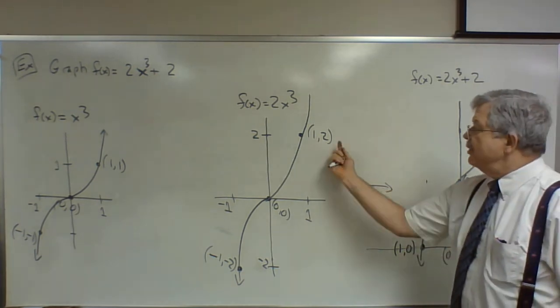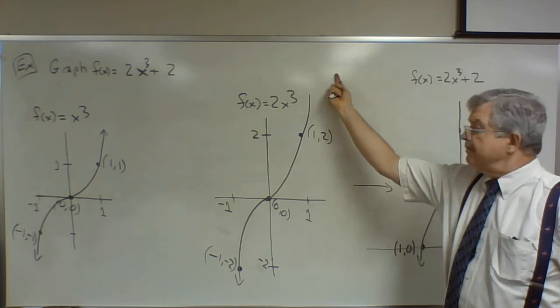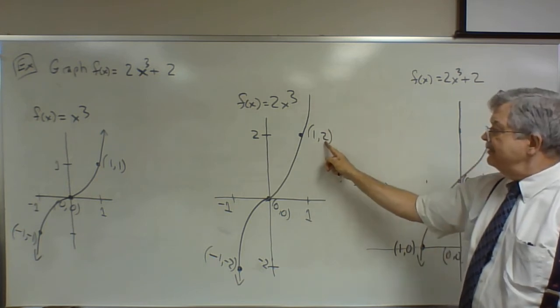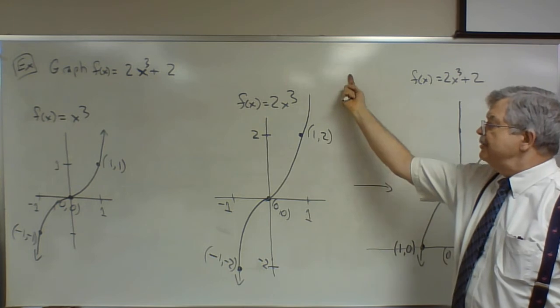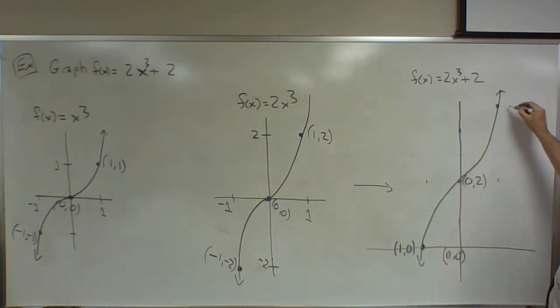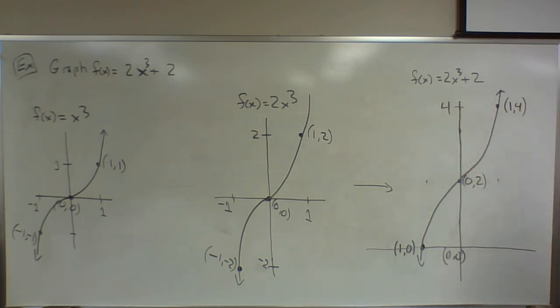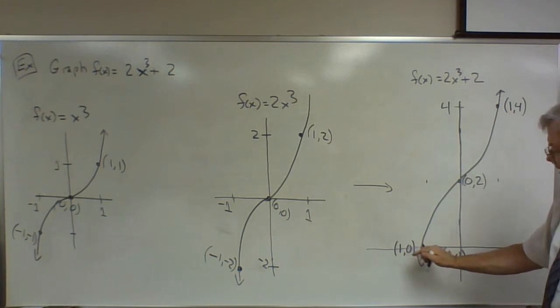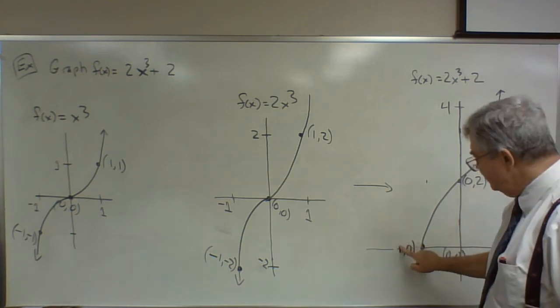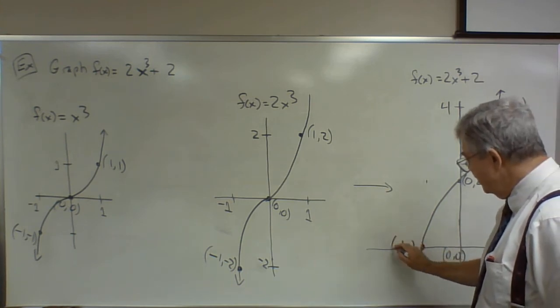And this point, I'm going to move up 2 units. The y-coordinate was 2, but I'm moving the point up 2 units, so now it's going to be 4. And there's our new graph. This graph intersects the x-axis at x equals -1.